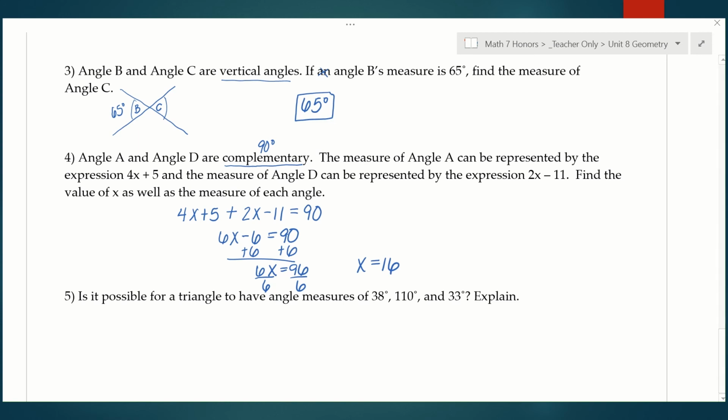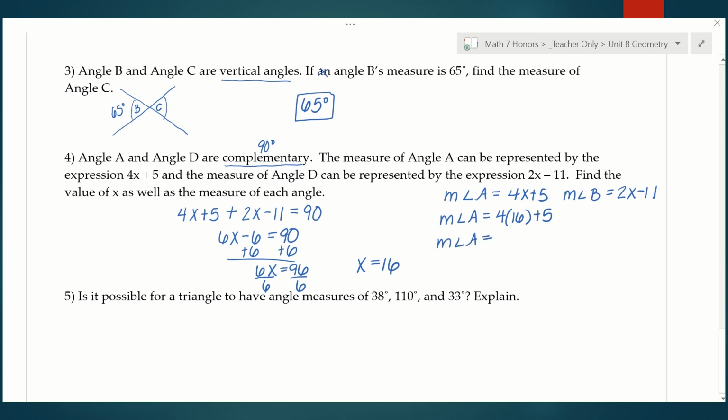Now that I know x is equal to 16, I can figure out the measures of each of those angles. So I'm just going to write up here, the measure of angle A was 4x plus 5, and the measure of angle D was 2x minus 11. So now that I know what x is, I'm just going to substitute 16 in for it, and that will tell me the measure of each of my angles.